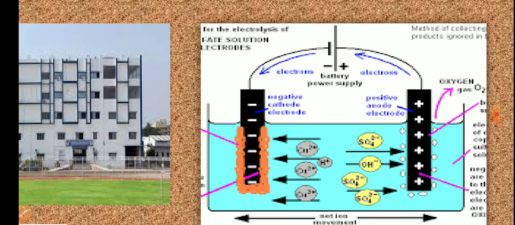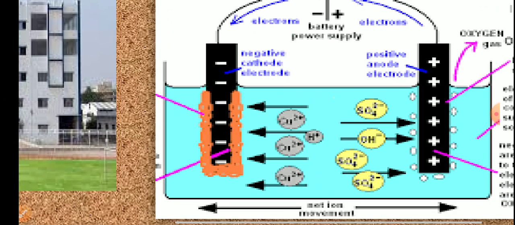Normally, if any electrolyte is present in the solution in this cell, then the positive ion, the cation, here if you look at the picture, the copper 2 plus ion, moves towards the cathode and is deposited on the cathode by taking 2 electrons, I'm so sorry, from the cathode.